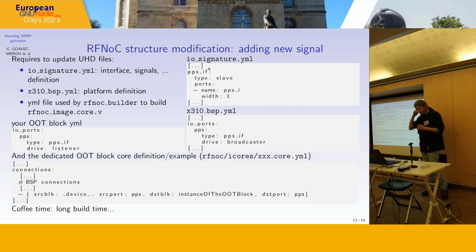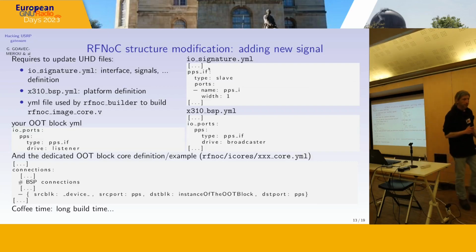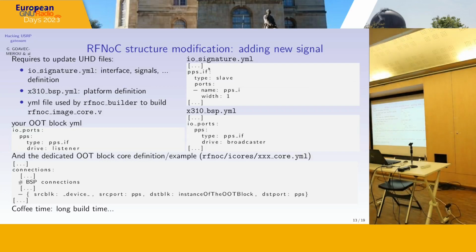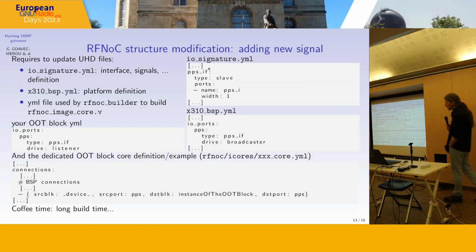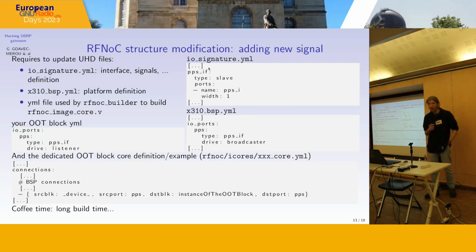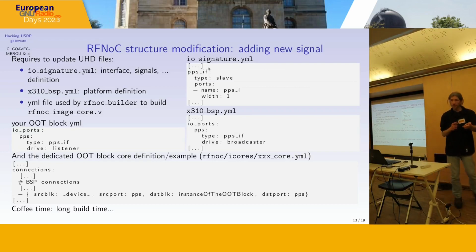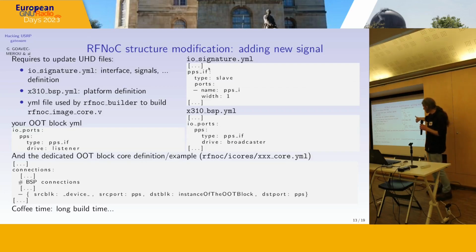And the RFNoC image builder uses again a specific YAML. This specific YAML describes the gateware blocks and connections, whether the connection is hard-coded, so it's not possible to change, or configurable using the crossbar. And again, this file must be updated by adding the last line, where the SRC block is a device, the device is a platform.